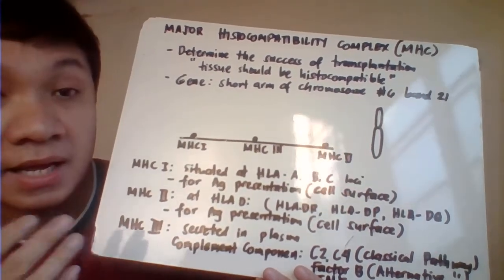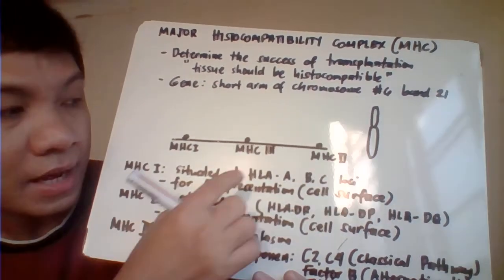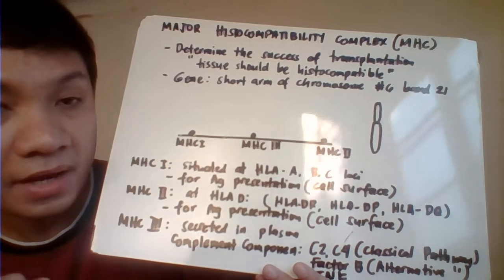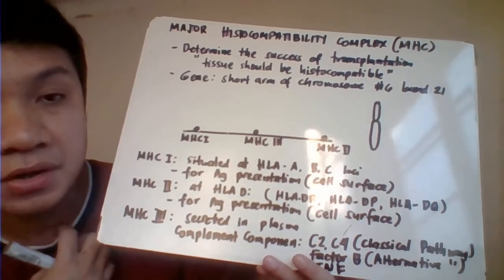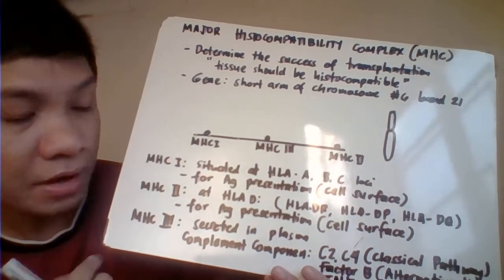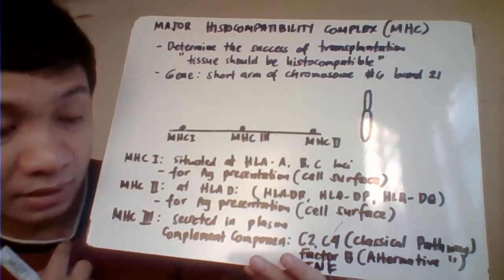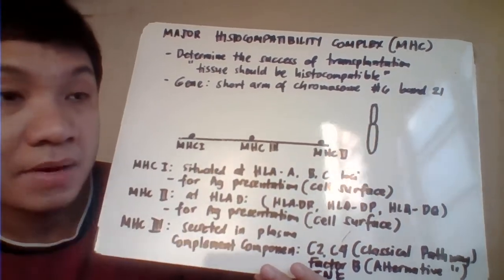Nasa labas siya, cell surface siya ng ating mga cell. MHC class 2, on the other hand, is located here in your HLA-D, divided here into your HLA-DR, DP, and we have also your DQ. The same with your MHC class 1, it is also involved in our antigen presentation. And this is also found here on the cell surface, nasa cell membrane, cell surface.